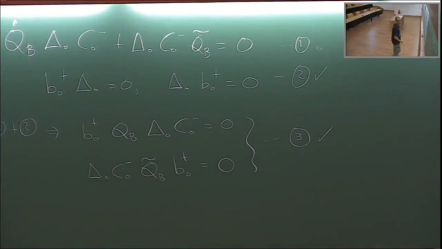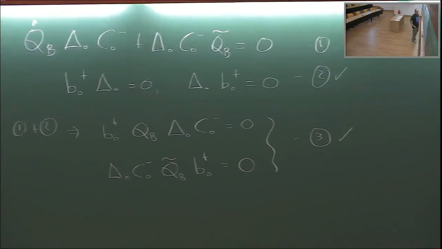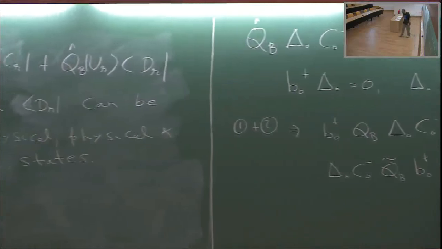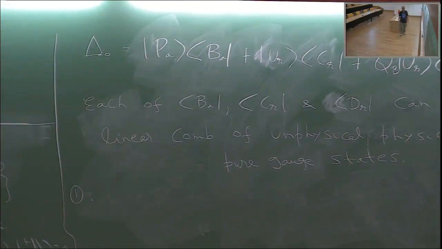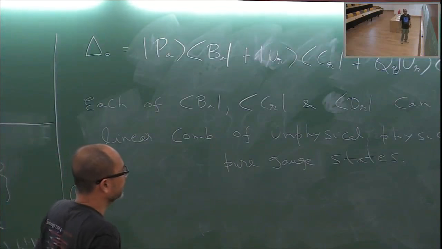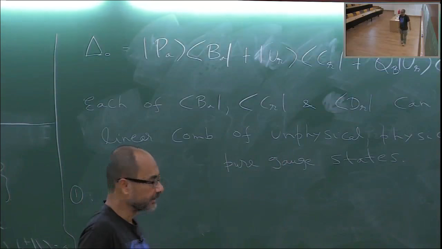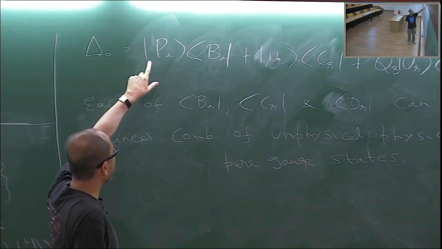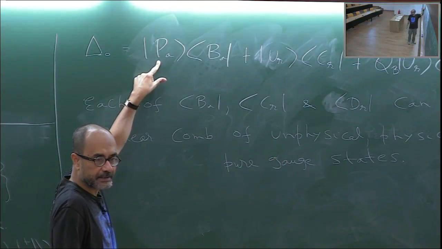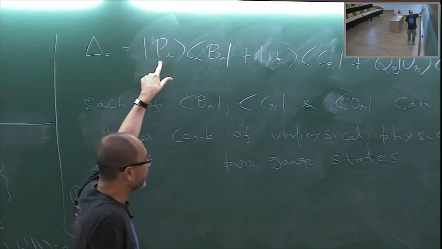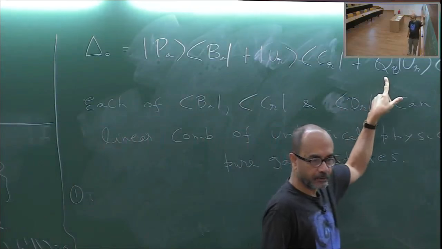So now apply condition 1. So the first term, QB hat delta naught C naught minus. You see QB hat kills PA, because physical states are annihilated by QB hat by definition. It kills this term because QB hat square is 0.